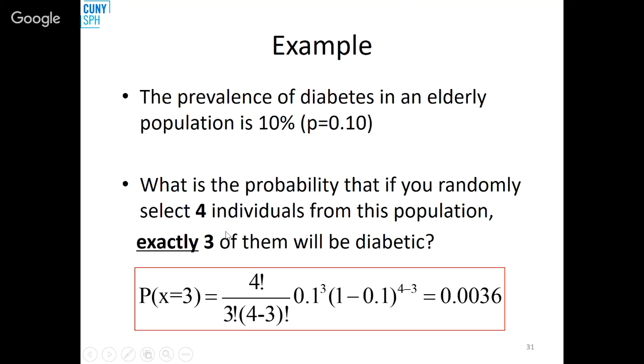The probability of a success in this trial is 10%. It works out to 0.0036. And we could calculate this for 0, 1, 2, 3, or 4. Those would all have non-zero probabilities.